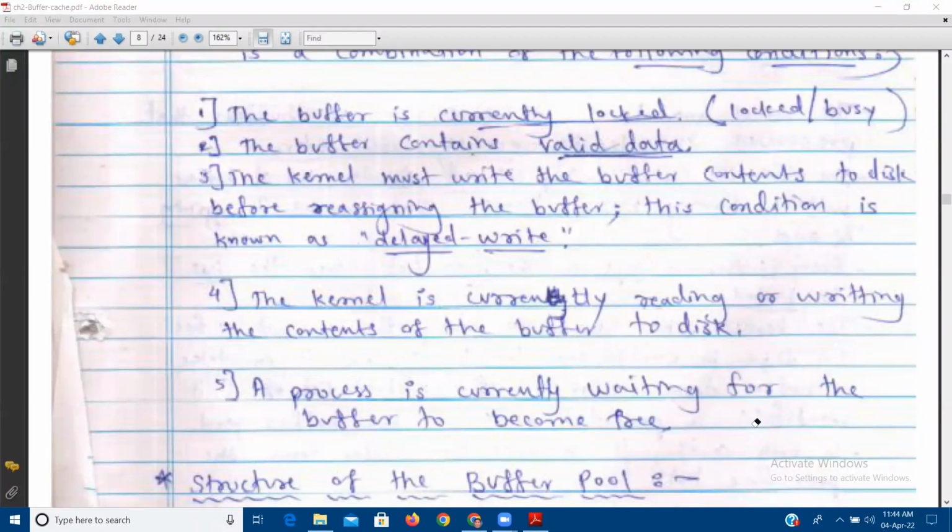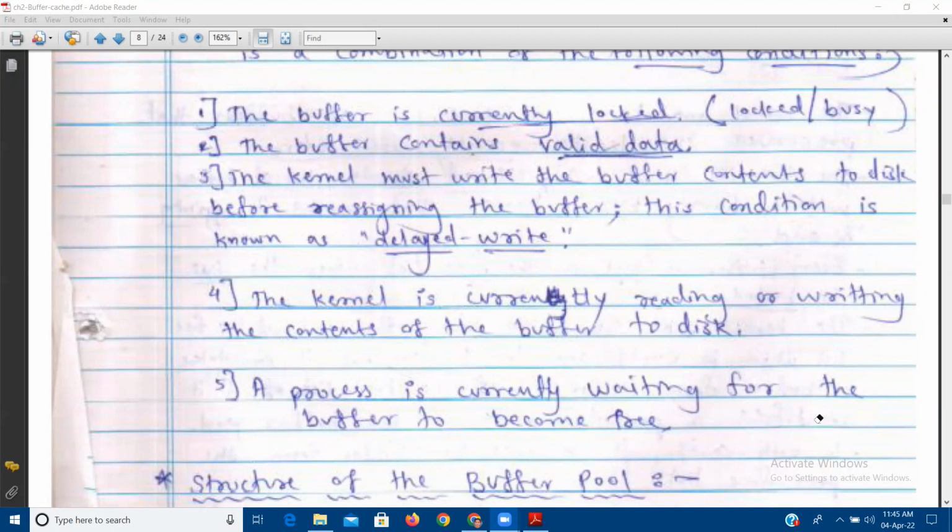Okay. Note down all these statuses. All of you note it down.